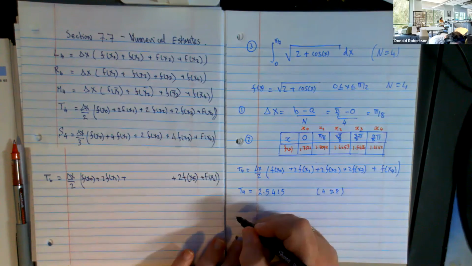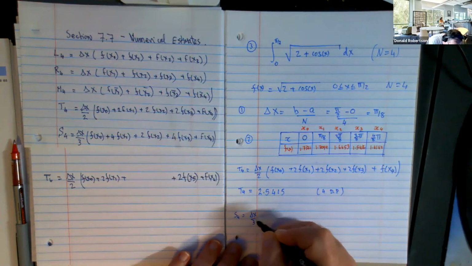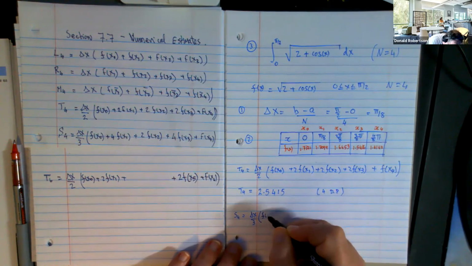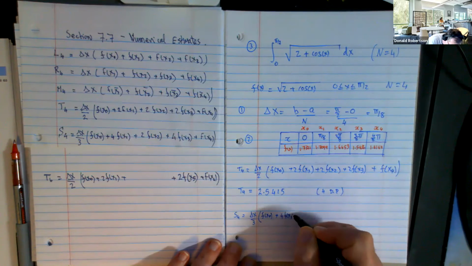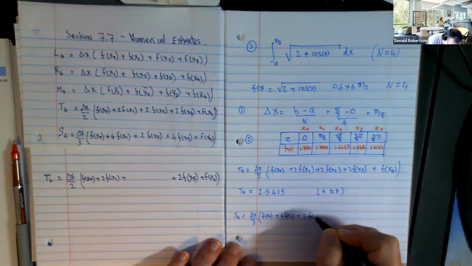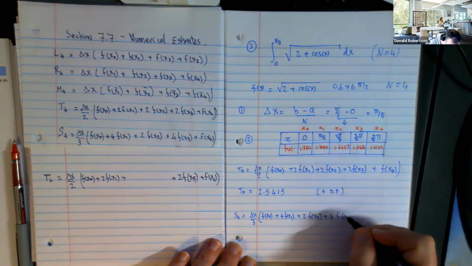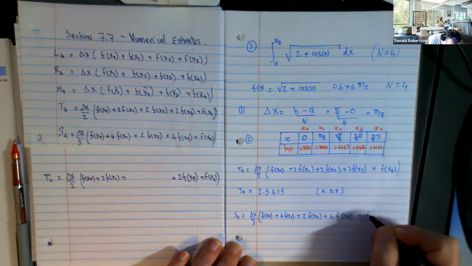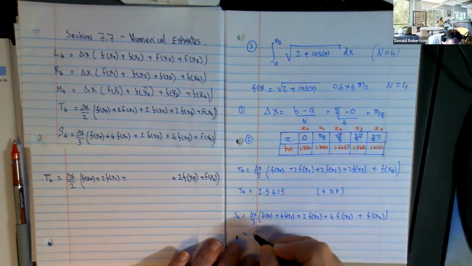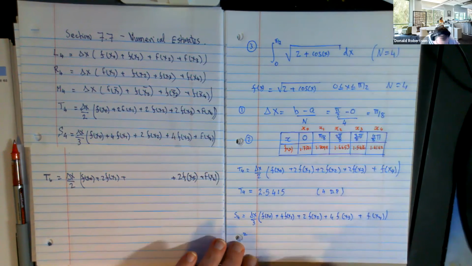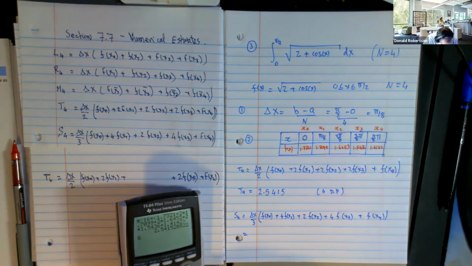Now, if you want to do an S4, delta X over 3, one of the first guys, then 4, then 2, then 4, and then 1. And this is going to be on my calculator one more time.